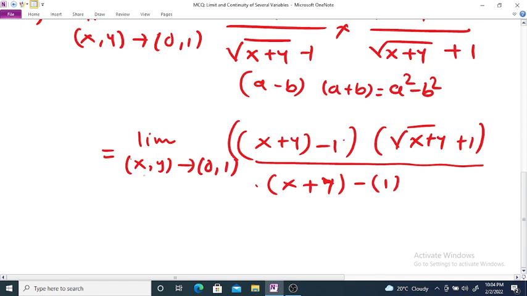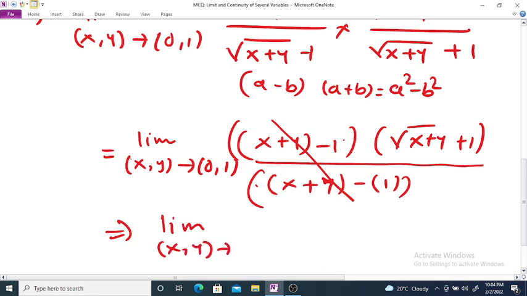Now the term x + y − 1 will get cancelled, and it is equal to the limit as (x, y) tends to (0, 1) of √(x + y) + 1.